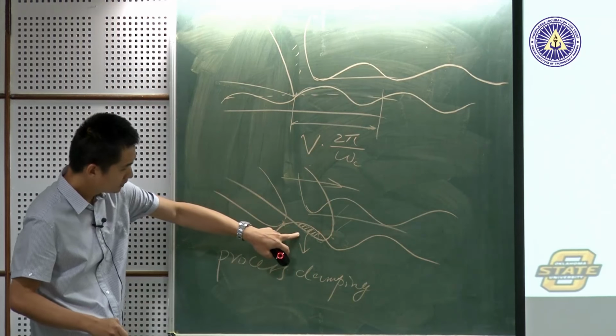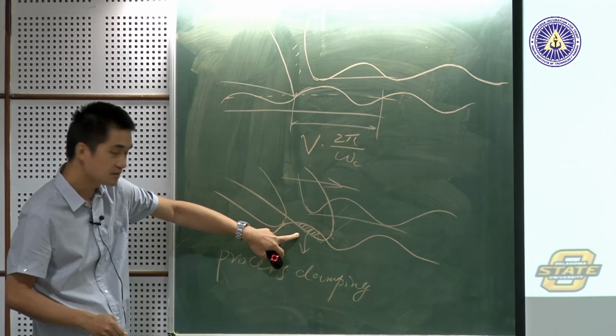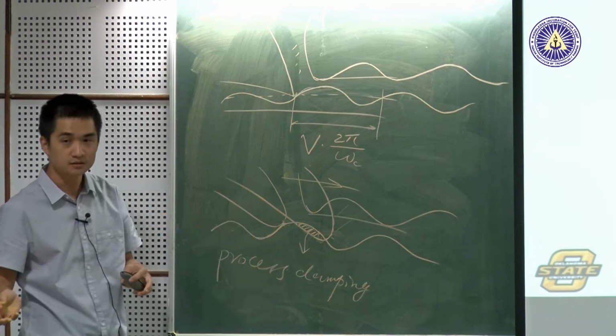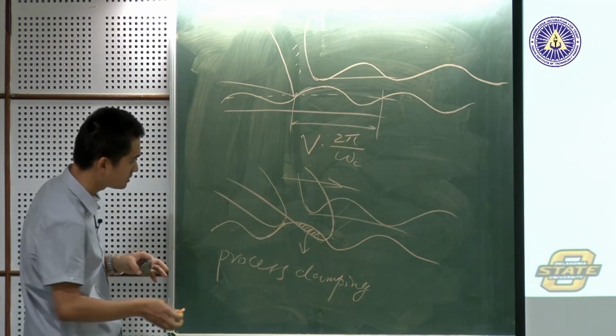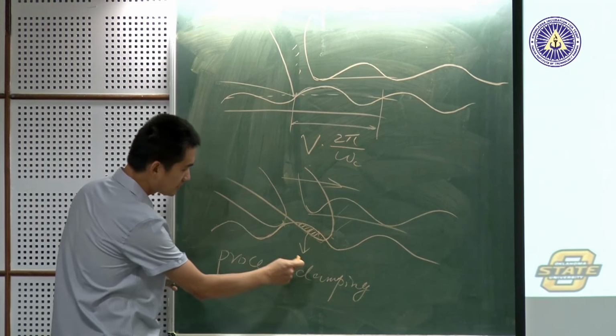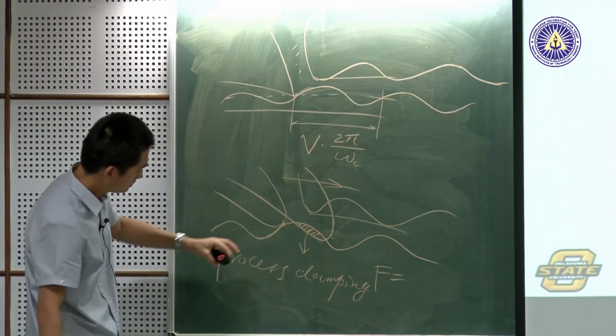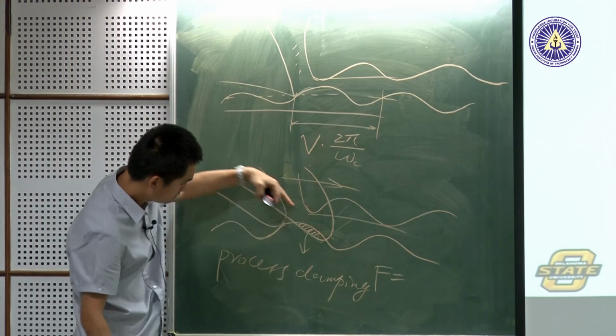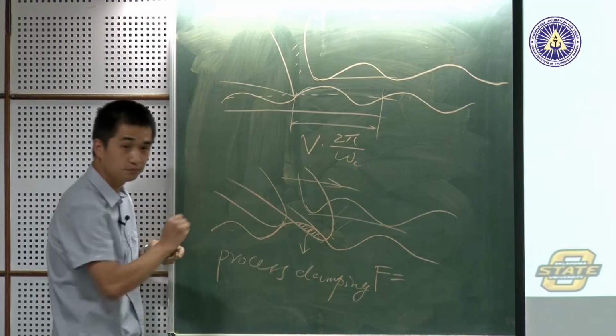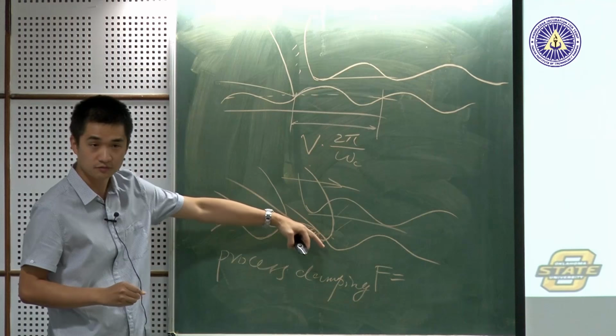And how do we calibrate the process damping force? There are different models, but the commonly accepted model is that the process damping force is always related to the slope of this wave.